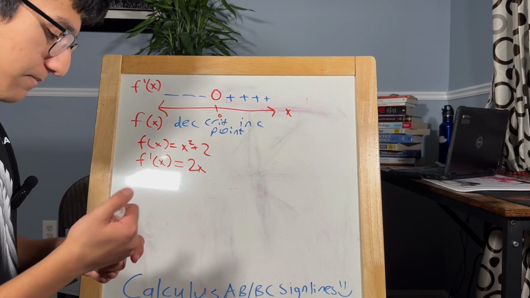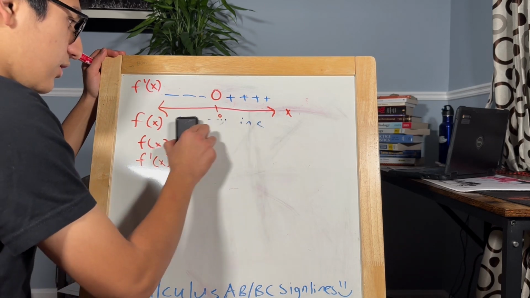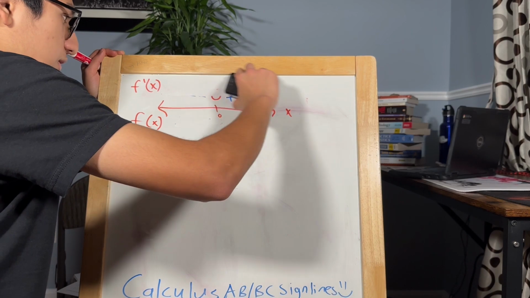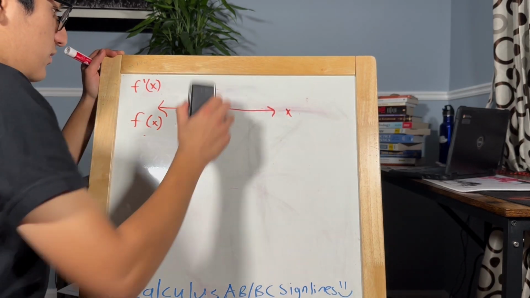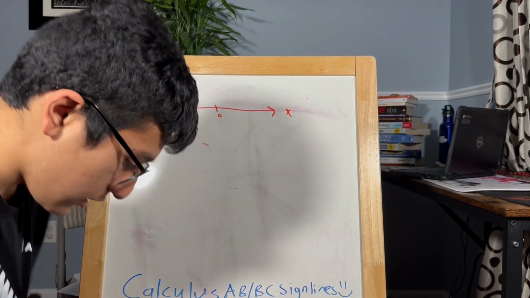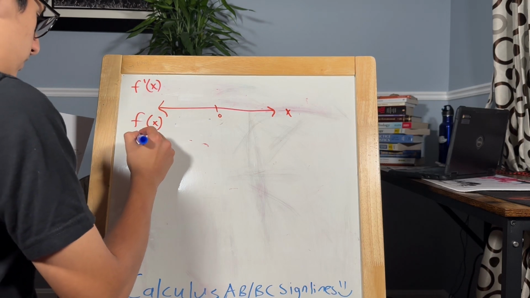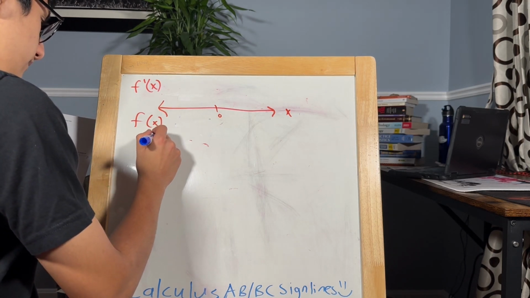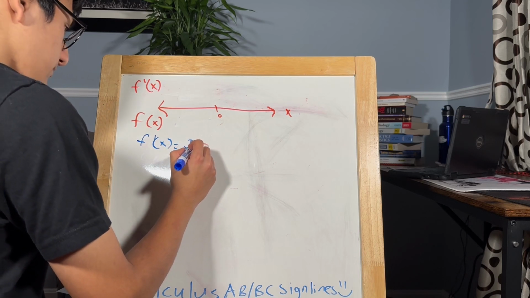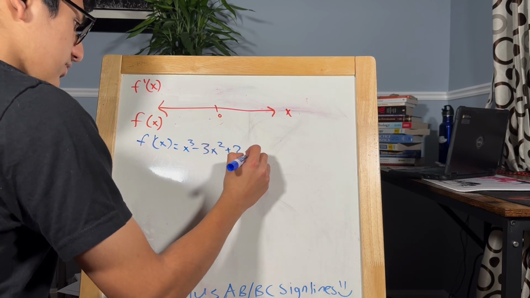So I'm just going to use this example that I have on my notes. f of x is equal to x cubed minus 3x squared plus 3x minus 1.